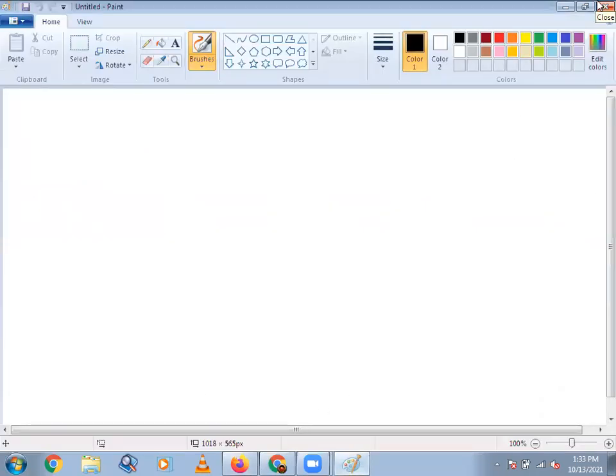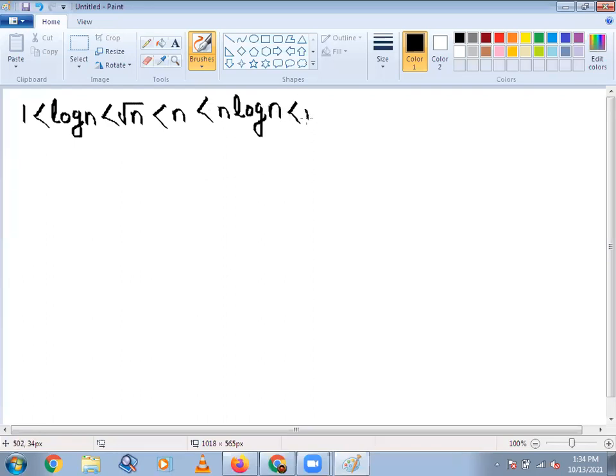Okay, before going to study, I will write the general equation. 1 is less than log n, is less than root n, is less than n, is less than n log n, is less than n square, is less than n cube, is less than 2 raised to n, is less than 3 raised to n, is less than n raised to n.